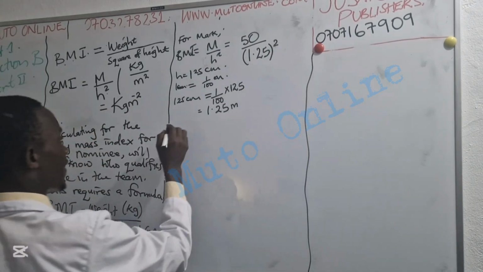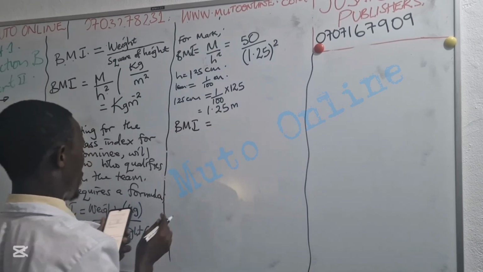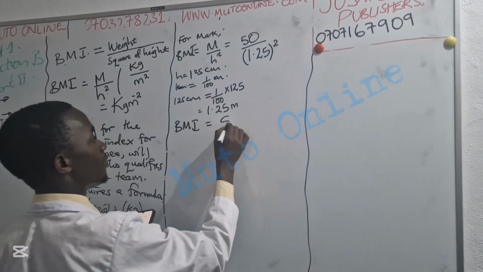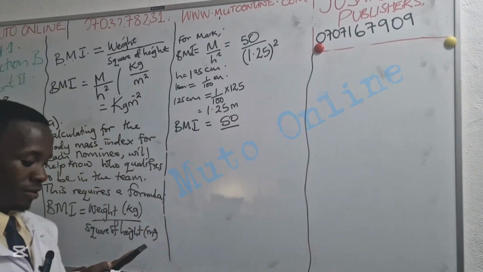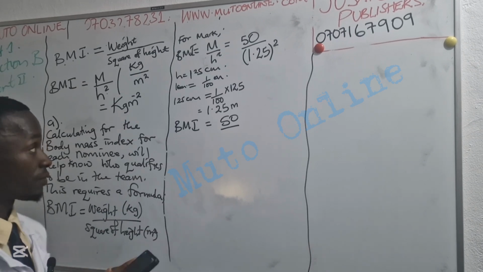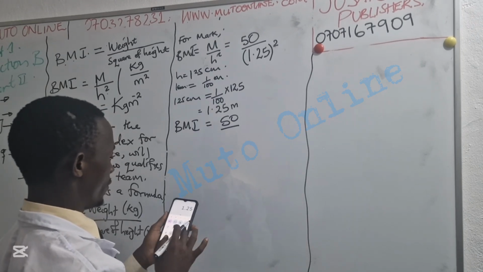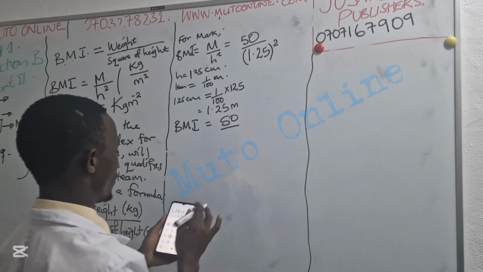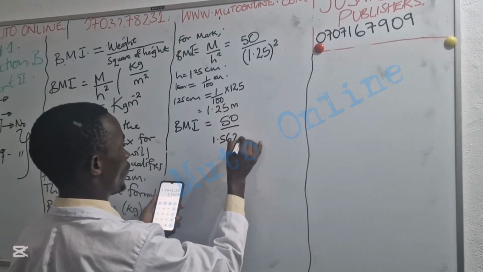So this means the BMI of Mark will be 50 divided by, using my old calculator here, I have 1.25 times 1.25 to give me 1.5625.